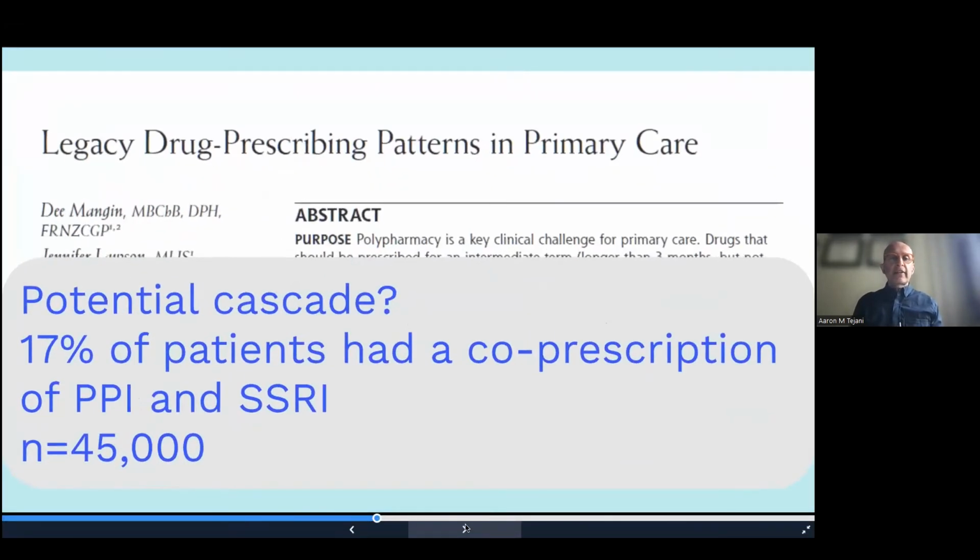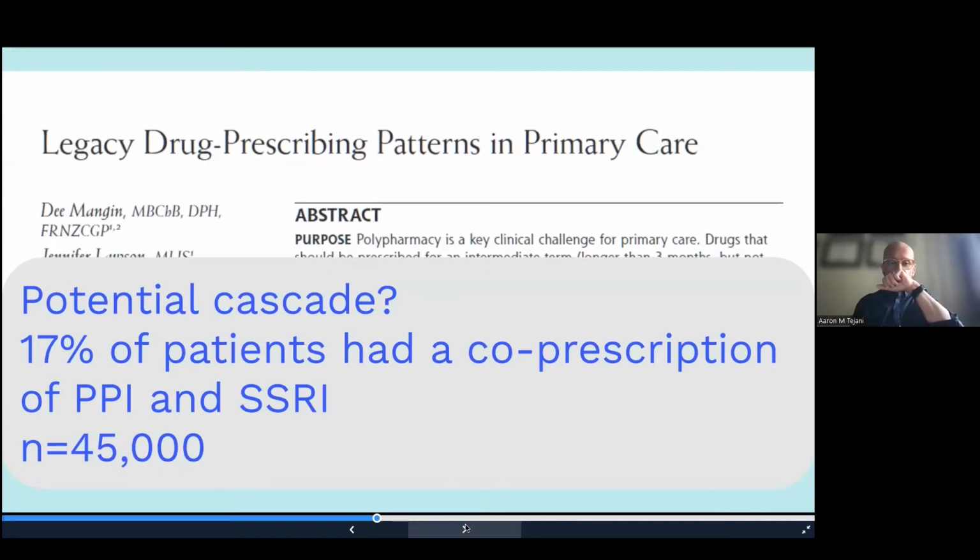In this particular case, one of our friends and colleagues from McMaster, Dr. Mangan, is a family practitioner who has looked at the issue of legacy prescribing. She didn't specifically, with her colleagues in this paper, look at prescribing cascades, but was interested in looking at so-called legacy prescriptions, drugs that are used well beyond the usual or approved indication duration.